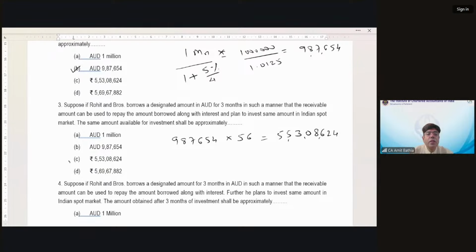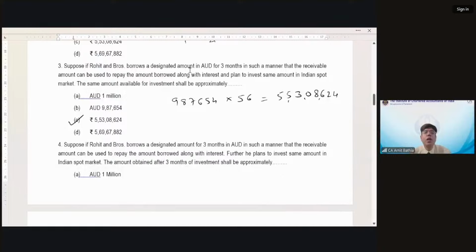So that is answer C. So if you convert that amount into Indian rupee in spot market, obviously you will get 56 rupees. So 987,654 into 56 rupees, you will get 5.53 crore.